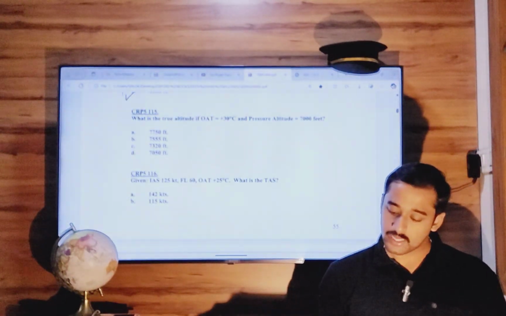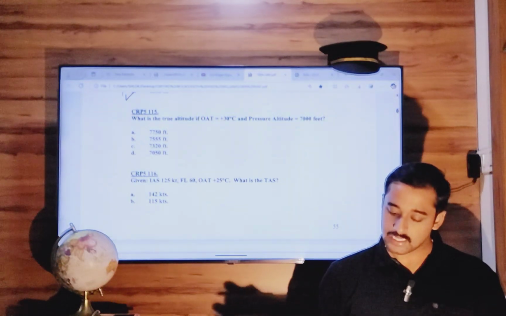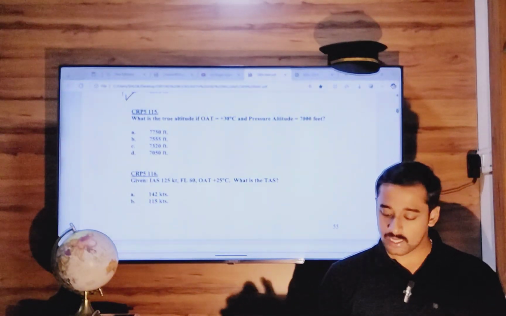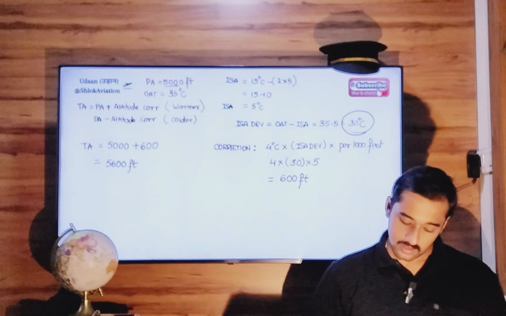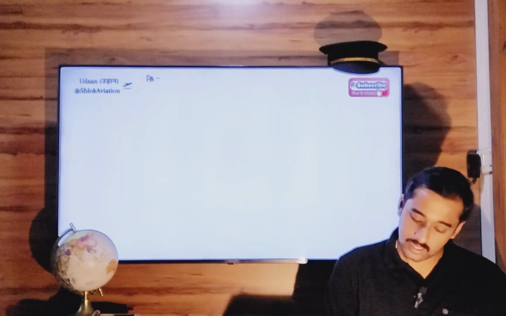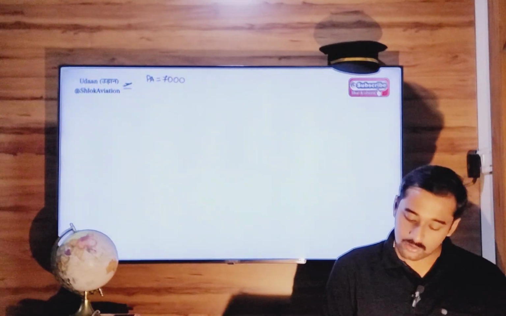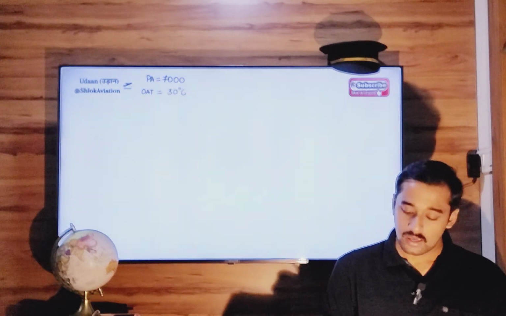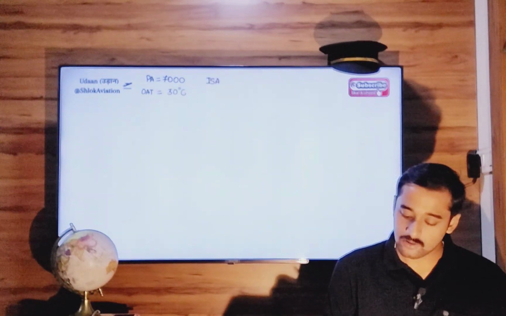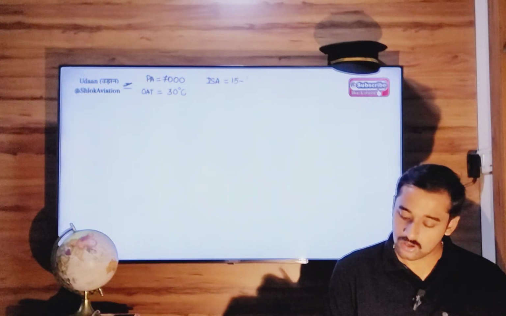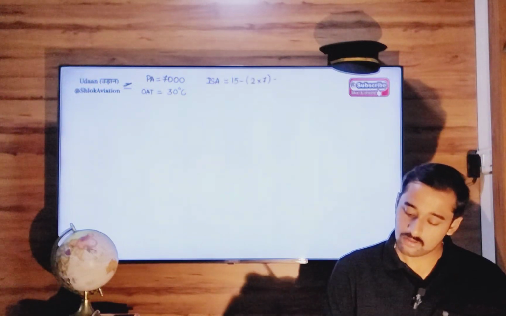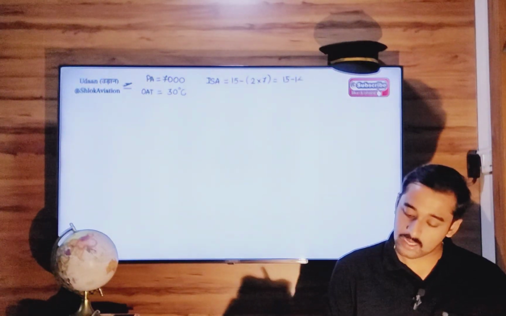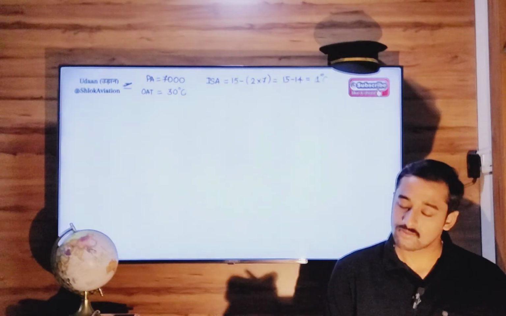Again, what is true altitude if outside air temperature is plus 30 and pressure altitude is 7,000? So pressure altitude is 7,000. Outside air temperature is plus 30 degrees Celsius. Now ISA temperature at 7,000 feet is 15 minus 2 into 7, 15 minus 14, that is 1 degree Celsius.